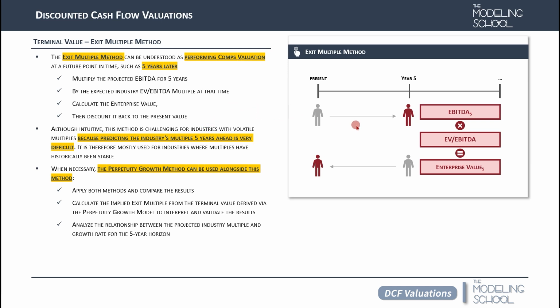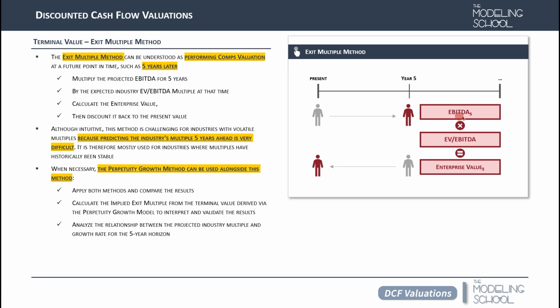Or alternatively, if you find that assuming the EV/EBITDA multiple feels burdensome, you can treat the enterprise values derived from both methods as equal. So you can, for example, calculate the first terminal value using the perpetual growth method, and you put in like a 1 or 2% growth rate.